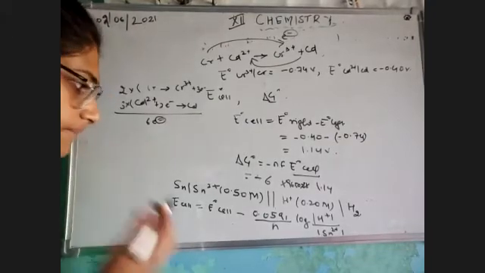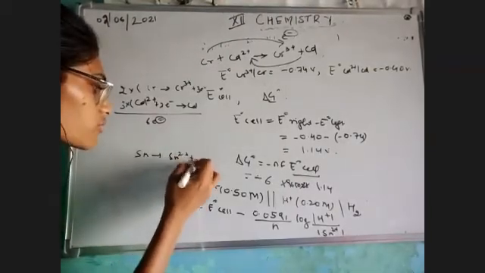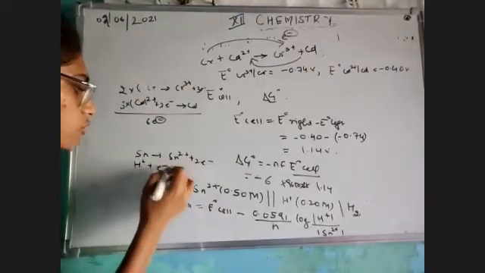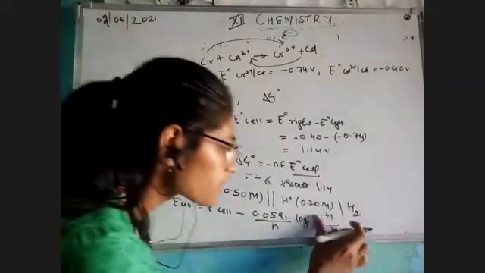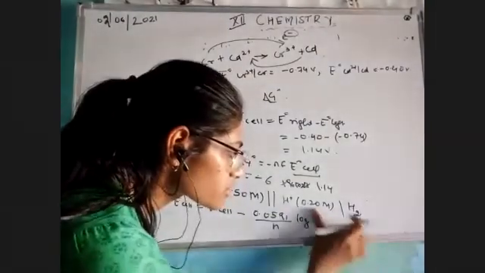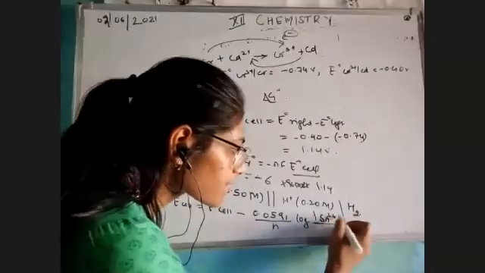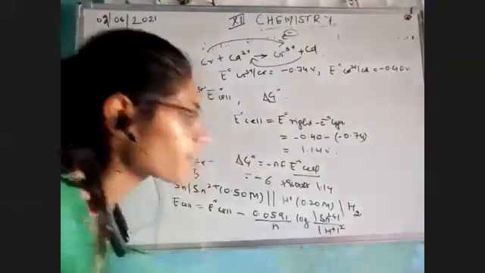Just a second. Sn is converting to Sn2 positive plus 2 electrons, and H positive is getting the electrons to become H2. I'm sorry for that. The Nernst equation I wrote is wrong, because we have to write the oxidation on the upper side and the reduction on the lower side. Moreover, the number of electrons goes into the power.